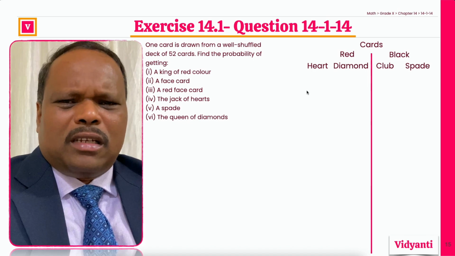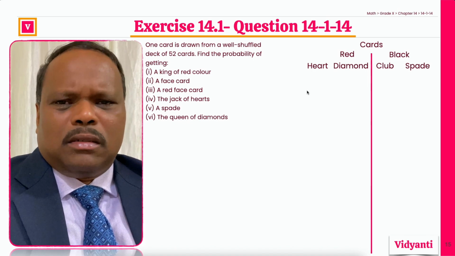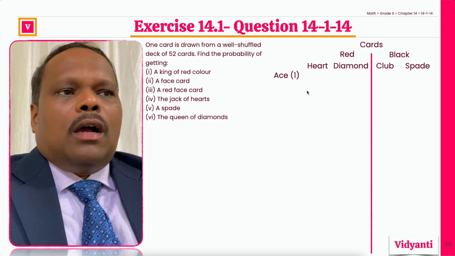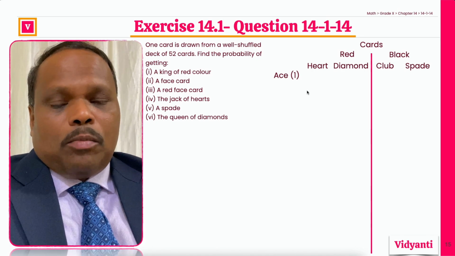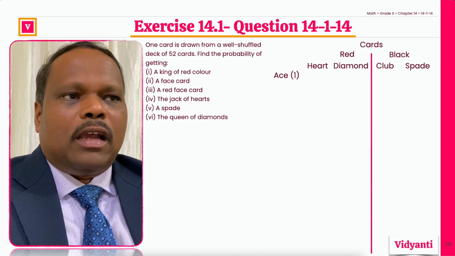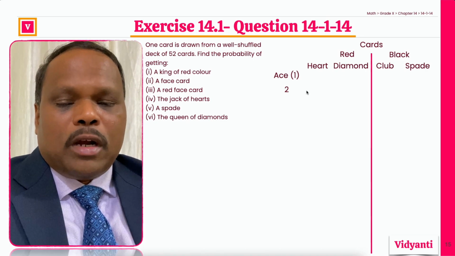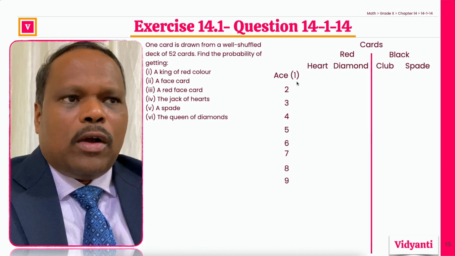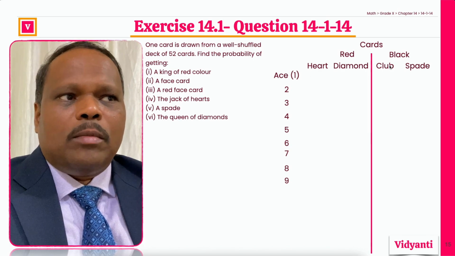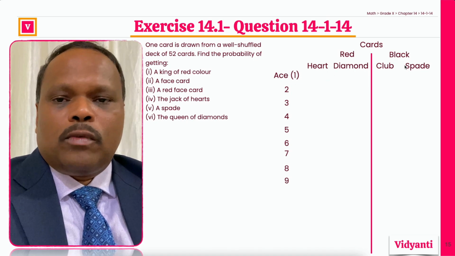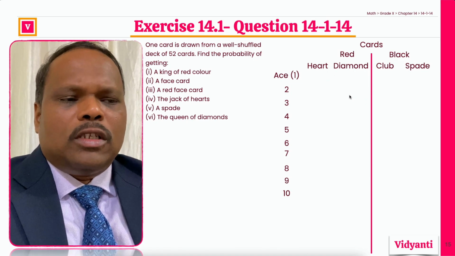So let's go through this terminology really quick. The first card, the topmost value card, is 1, which is ace. And then you have number cards all the way going till 10. So you have ace of heart, ace of diamond, ace of club, ace of spade. Then you have 2 of heart, 2 of diamond, 2 of club, and 2 of spade. And so on, up to 10.